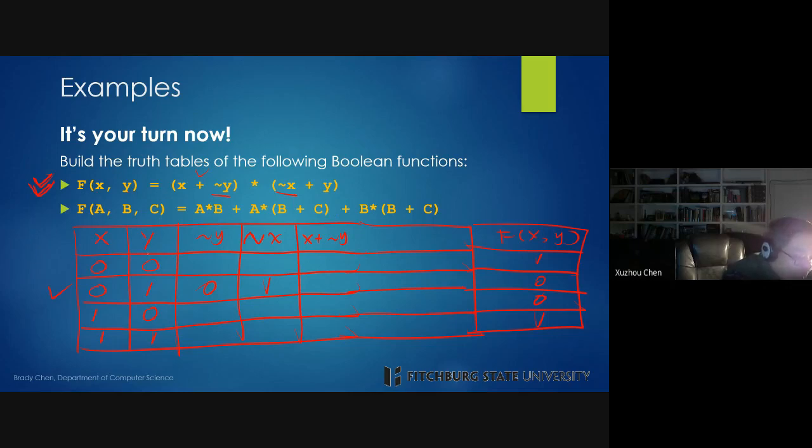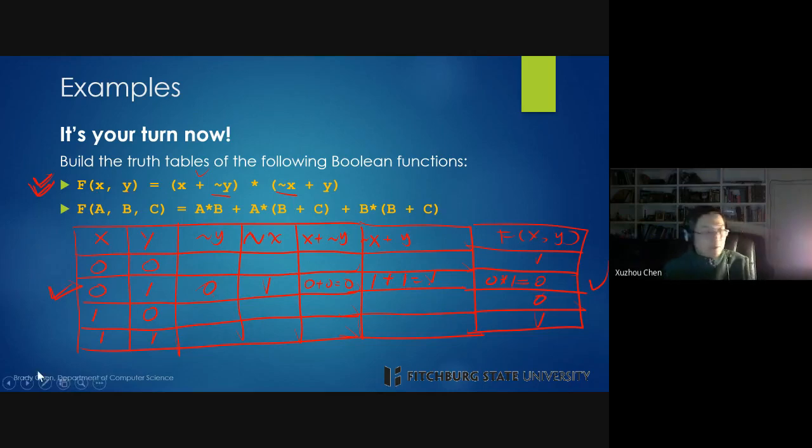So x is 0, tilde y is 0, so 0 plus 0 is 0, and tilde x plus y is 1 plus 1, that's 1. Then the AND operation, 0 and 1, which is 0. That's correct. I think the answer is correct, so we just verified one of the answers.